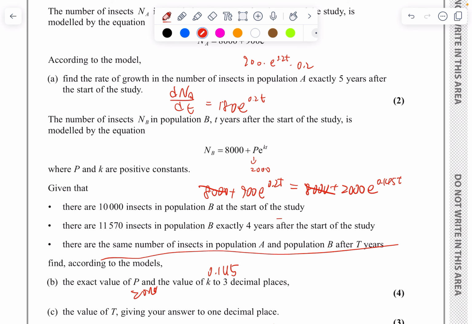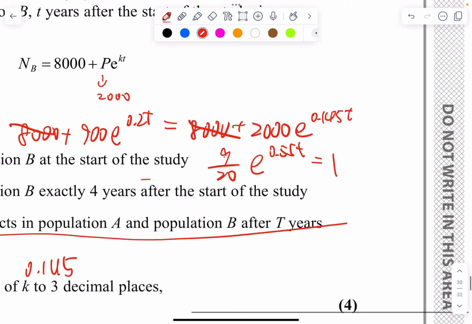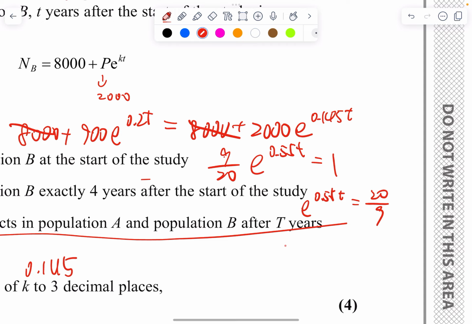And then that means 9 over 20 e^0.055t equals 1. So that means e^0.055t equals 20/9. Then we take the log of it again. 0.055t equals ln 20/9.